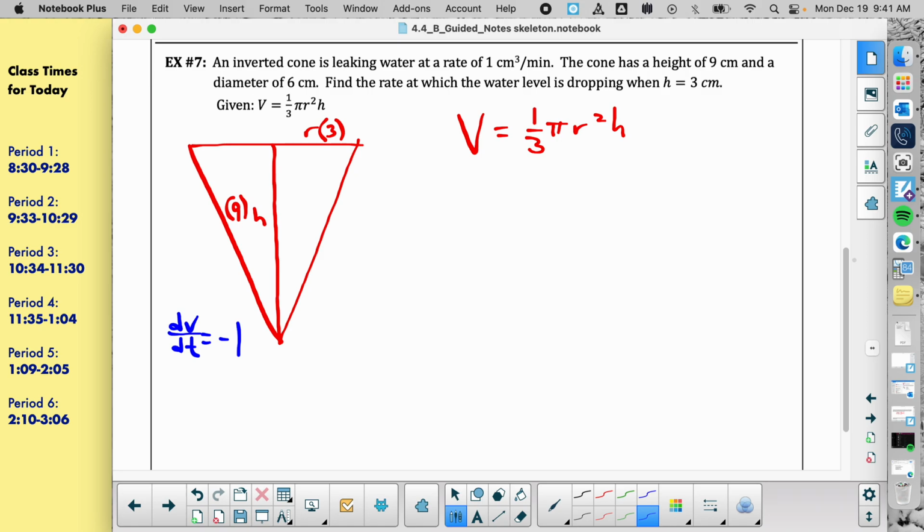When it says find the rate at which the water level is dropping when the height is 3, it didn't tell us a radius. And when it says find the rate, that's telling us we're trying to find dH/dt. Out of the information we have, nothing is related to the radius. That's where the difficulty comes in.